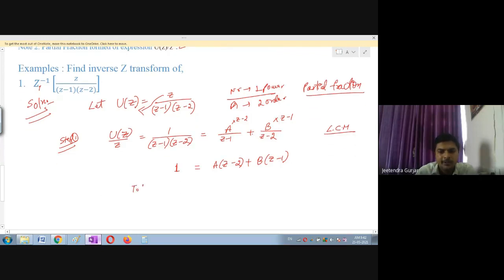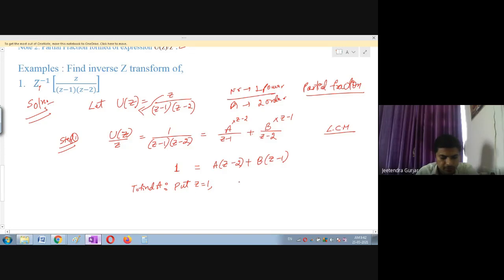So to find A, what is the value of A? I have to put here Z is equal to 1. How have I decided to put Z is equal to 1? Because if I put Z is equal to 1, this term is going to become 0, because 1 minus 1 is 0. Like this, it should strike in your mind, students.